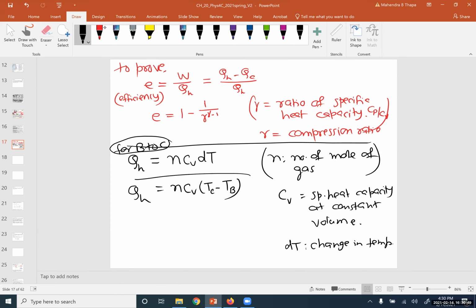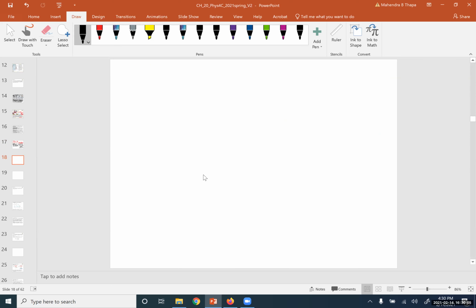Let's specify the temperature, pressure, and volume of each point. State A corresponds to pressure PA, volume VA, temperature TA. Point B corresponds to pressure PB, volume VB, temperature TB.